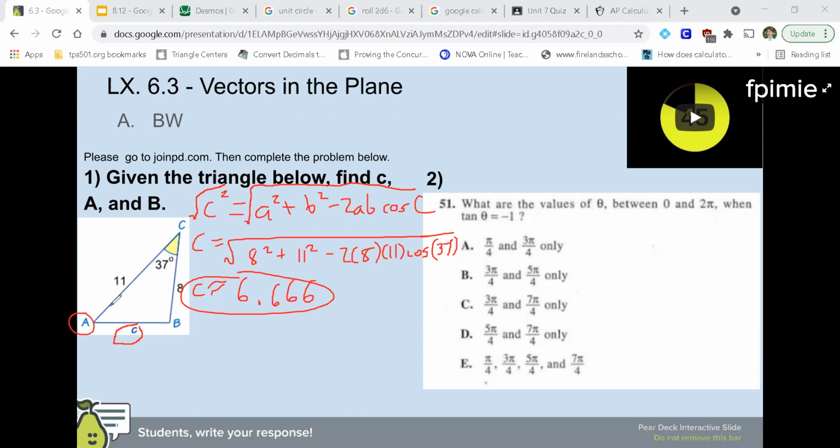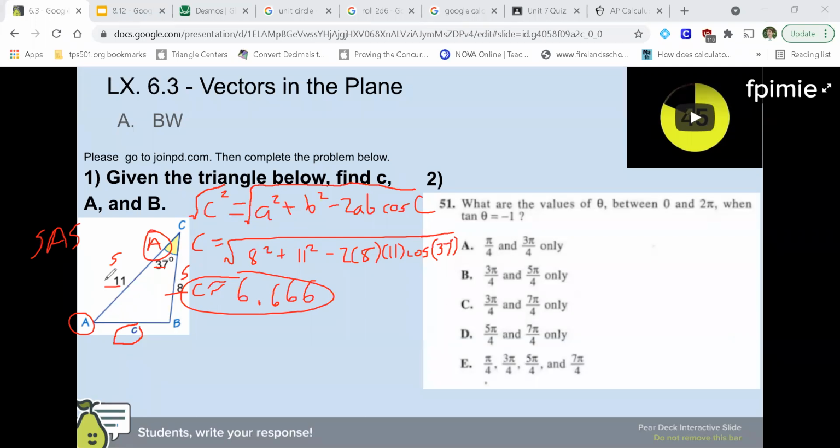So find A first, smallest one first, because this is side angle side. And since we're given an angle, we've got to find the other acute angle first. To do that, we will use the law of sines or the law of cosines.